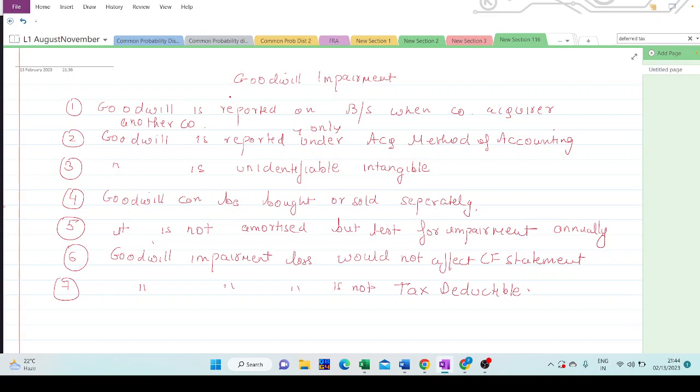They would disallow this loss. They would add back this loss while calculating the taxable income, right? So please write this down. Tax authorities would add back.